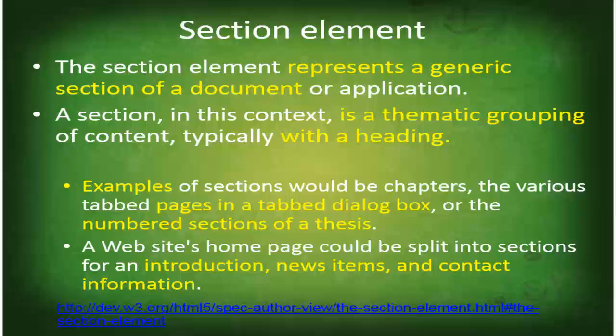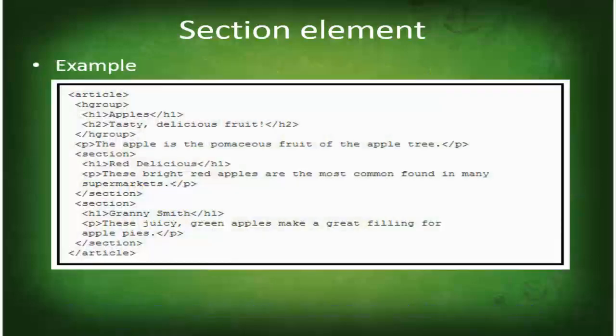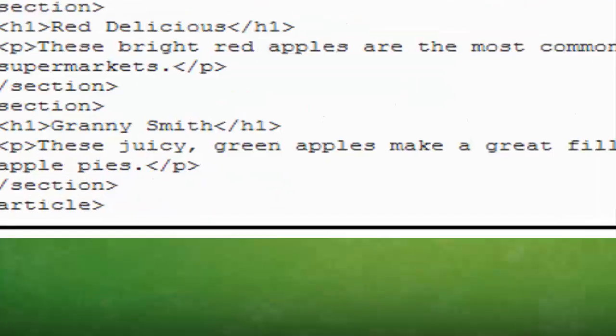Identical to section, you have an article. There is a difference between a section and an article, and we'll look at that. Now let's look at a section over here. I'm taking this example directly from the W3C site that I've already shown you. It's not my example.